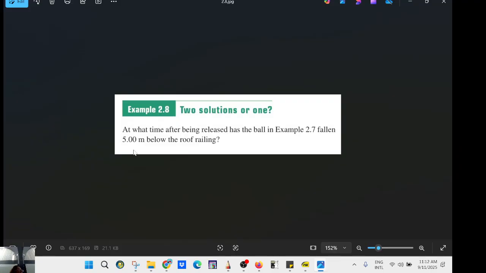So what's that physical quantity? 5 meters below. Displacement. But is the displacement positive or negative? Negative. Okay. So that will be the type of question where you're gonna end up with a quadratic equation.